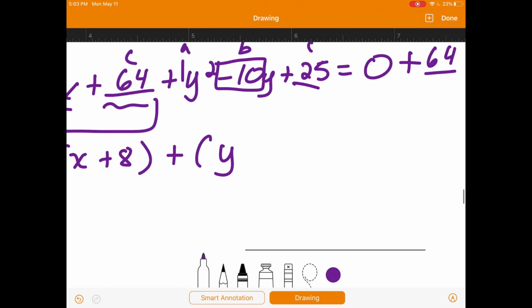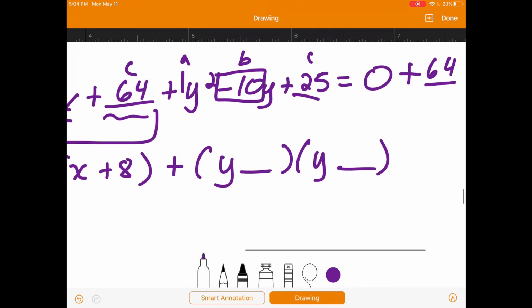And then for the y's, we're going to have two sets of parentheses like this. We know that the two things that we put here are going to have to add to negative 10 and multiply to positive 25. So that means that we're going to have negative 5 and negative 5, because when you add them together you get negative 10, and when you multiply them together you get positive 25.